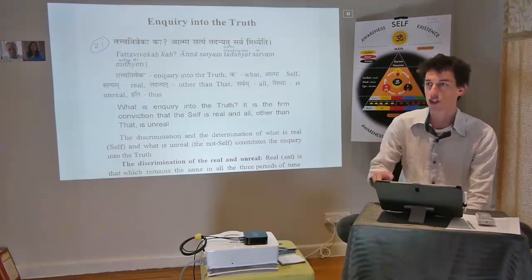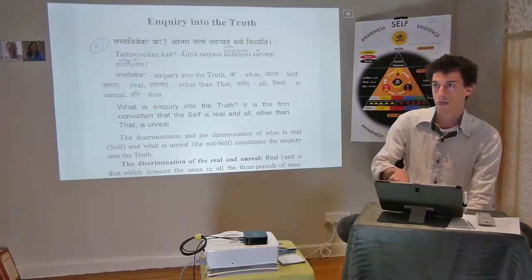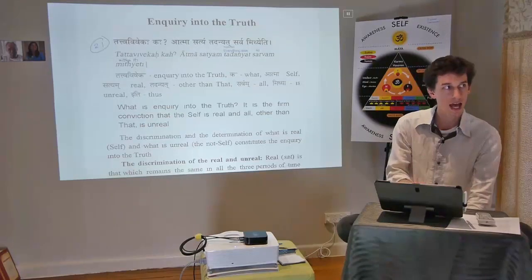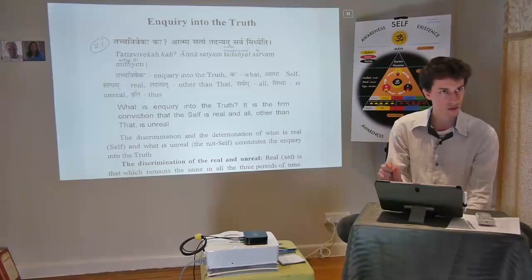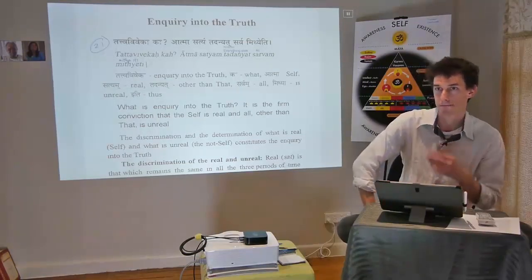And what does differentiating lead to? Differentiating leads to clarity. That's why differentiation and clarity both mean viveka, which belongs to the Sanskrit word vich. So viveka equals differentiate, comma, clarity.